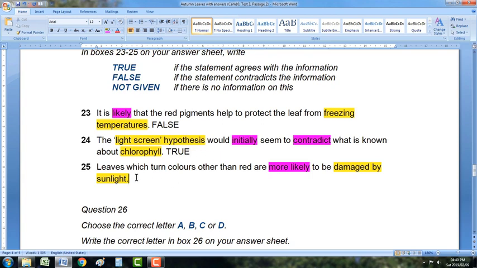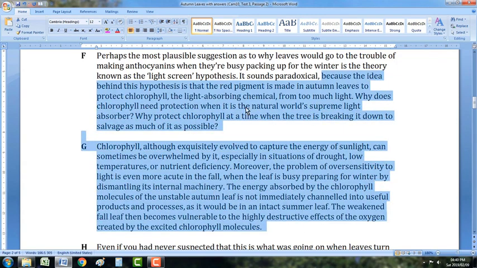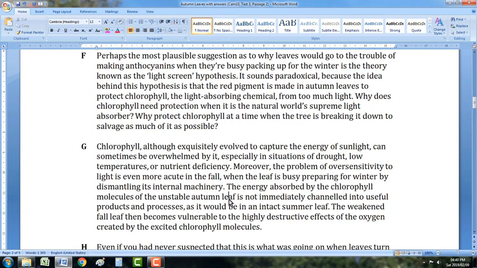This is going to be a not given, so beware. Leaves that turn colors other than red are more likely to be damaged by sunlight. We need to find whether these other leaves, not red leaves, are more likely or less likely, or we don't know. We're going to be somewhere over here, but it's nowhere. We can't see more likely.